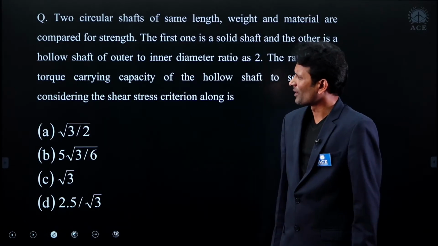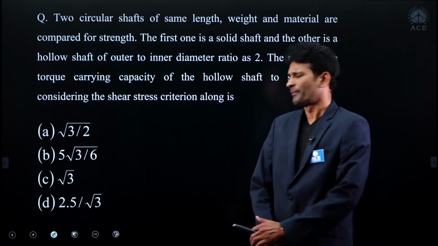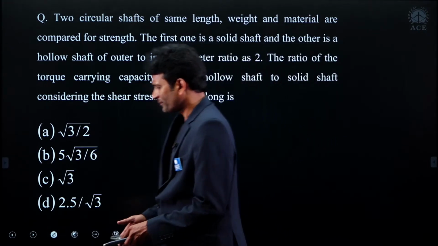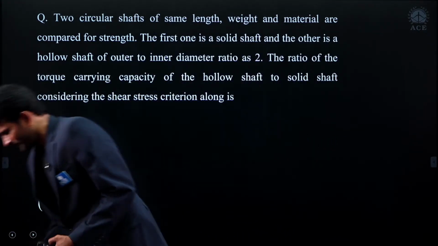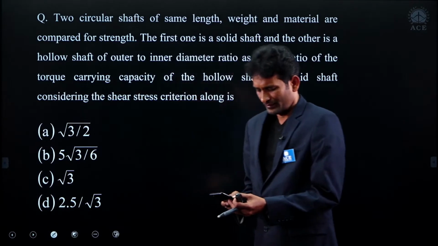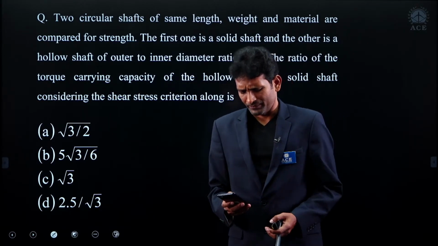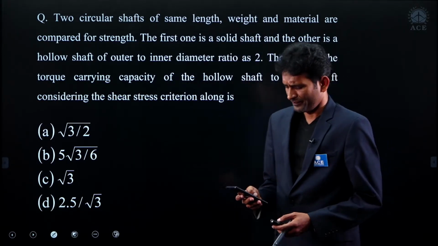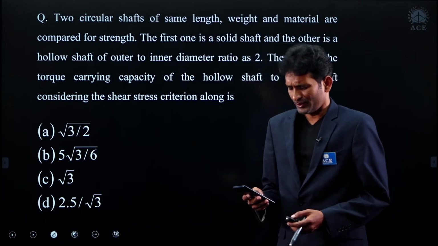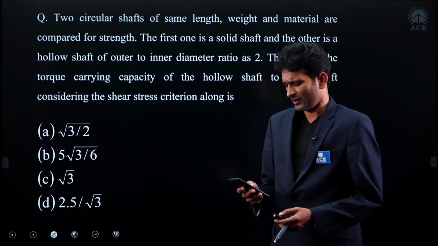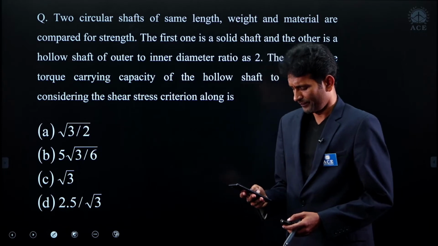Now let's move on to another question from torsion. Try to solve this question. Another interesting one. It's not an issue, you can take it from either side. 2h by 3 minus h by 3. That's good.